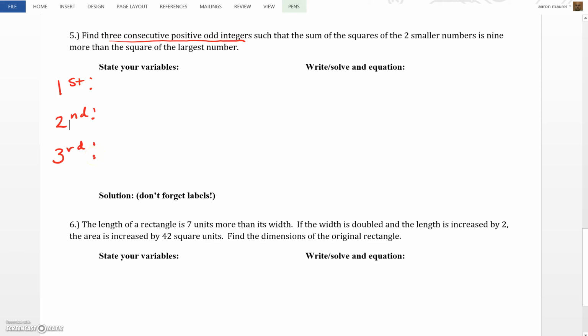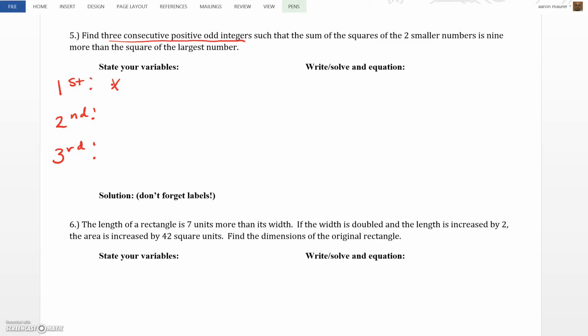So for the first integer, obviously I have no idea what it is, so I'm going to assign that to be x. Now, in order for it to be consecutive, that means it has to be right in next, or right in a row. It also has to be positive and odd. So if you just think of consecutive positive odd numbers, let's say 13 and 15.